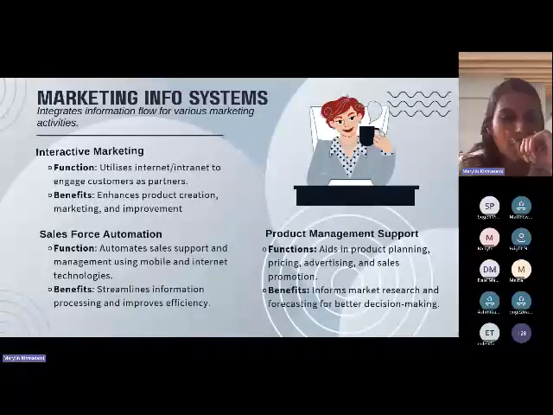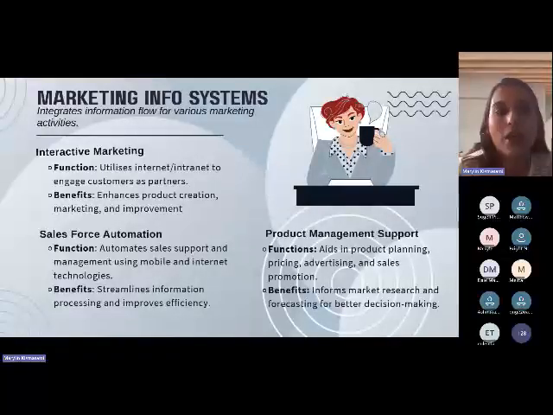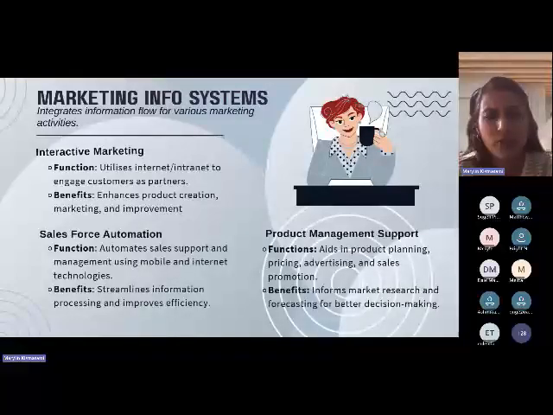Salesforce automation uses mobile computing data and internet technologies to automate your sales. So if you look at, as an example, let's look at PayPal. PayPal would be considered as a form of Salesforce automation.